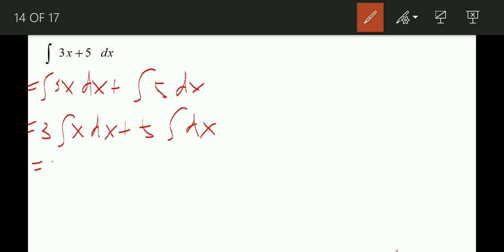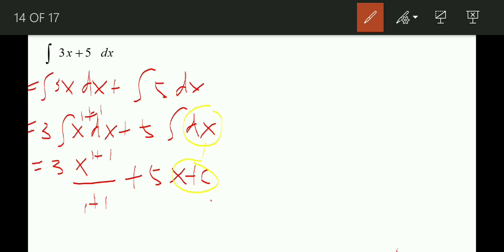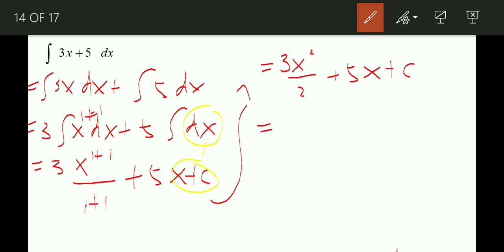So this will be 3 times x to the power of 1 plus 1 over 1 plus 1, the power rule. Then plus 5 times the integral of dx, which is x, plus c. By simplifying, we have 3x squared all over 2 plus 5x plus c. We can also simplify this to 3/2 x squared plus 5x plus c.